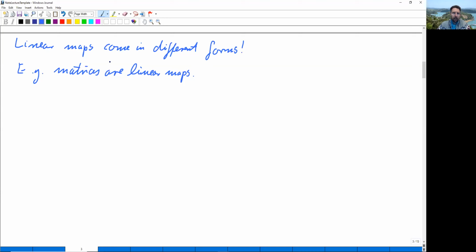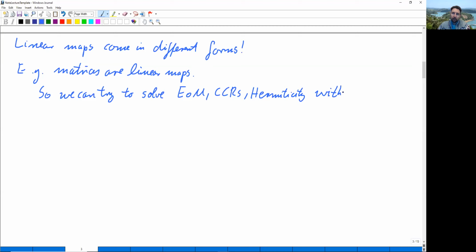And that means we can try to solve the 3 sets of conditions that we have here, namely the equations of motion, the canonical commutation relations, and the hermiticity condition. You can try to solve these with matrix valued functions.